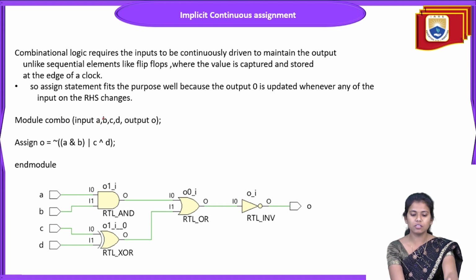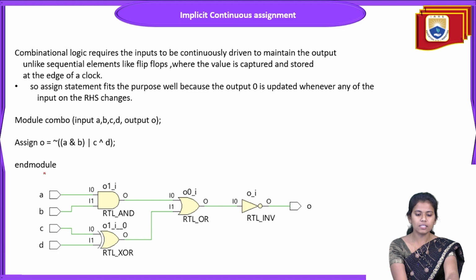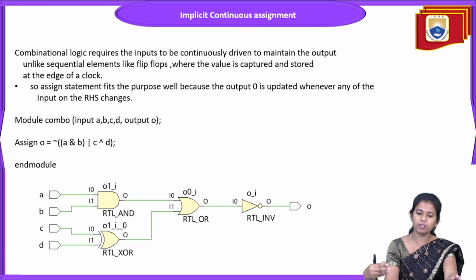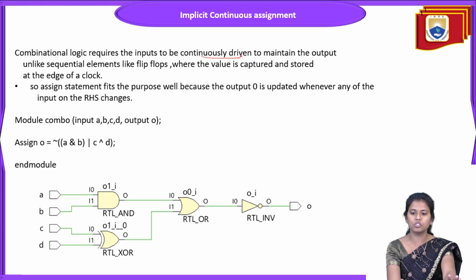The port list consists of inputs A, B, C, D and the output O. In combinational logic circuits, the output is directly and continuously driven to maintain the proper output. The inputs are continuously driven towards the output. This is a combinational logic circuit, right?